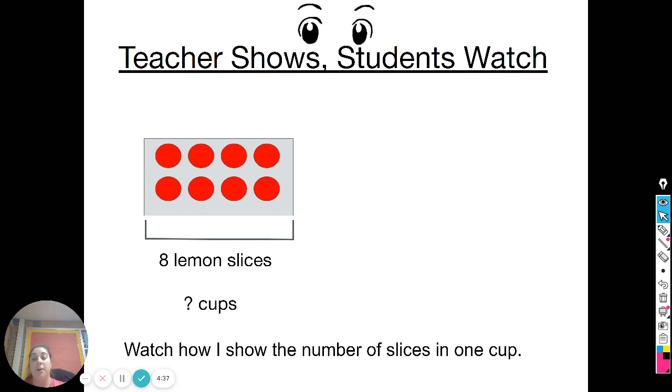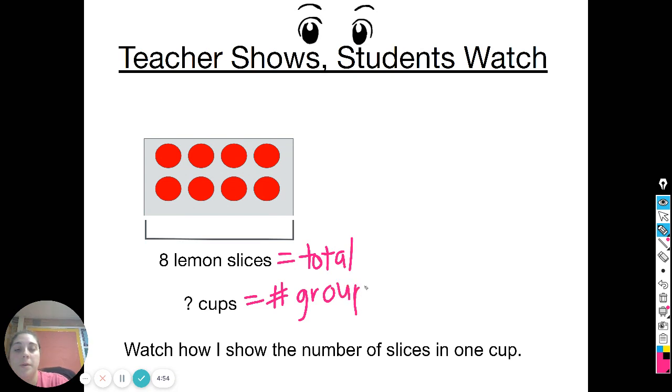So we need to figure out the number of cups, right? So far in our tape diagram, we talked about how we have the 8 lemon slices, which is our total. The number of cups is going to be our number of groups once we figure out how many cups we have. Now I need to be able to show the number of slices in one cup. And we know the number of slices is the same thing as the size of our group. Well, we know there's 2 slices in each group. So what I'm going to do is add some lines to my tape diagram.